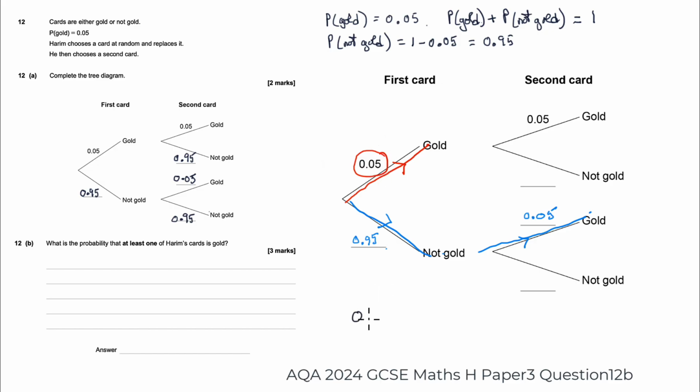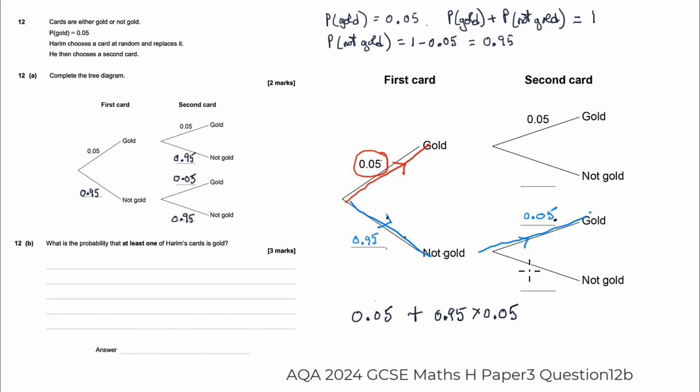So 0.05, and that's him got his gold card. If that doesn't happen, he can get his gold card by following the blue route here. Now, what are the chances of that happening? Well, there's a chance of 0.95 that he goes down that path, and then there's a chance of 0.05 that he chooses a gold card. So that's conditional on him going down this path. So it's a multiplication we have to do. So there's a choice between the two paths, so we add the two probabilities.